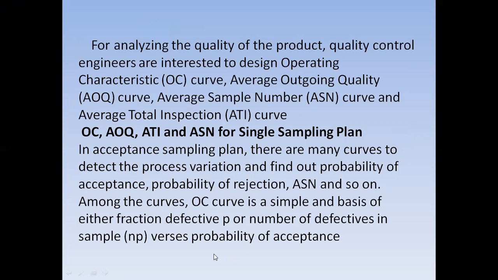In acceptance sampling plan, there are many curves to detect the process variation and find out the probability of acceptance, probability of rejection, ASN, and so on. Among the curves, the OC curve is a simple one, plotting either fraction defective p or number of defectives in sample np versus probability of acceptance.